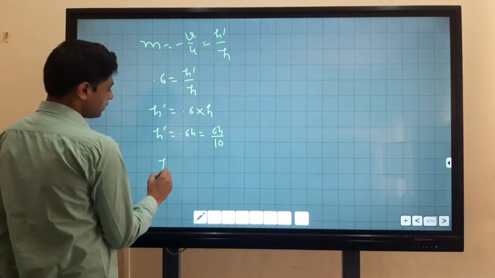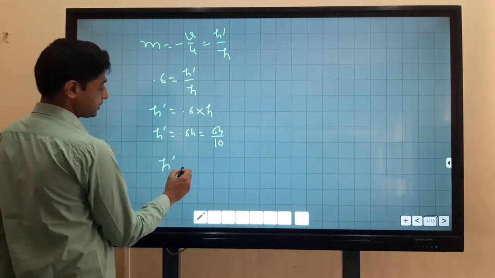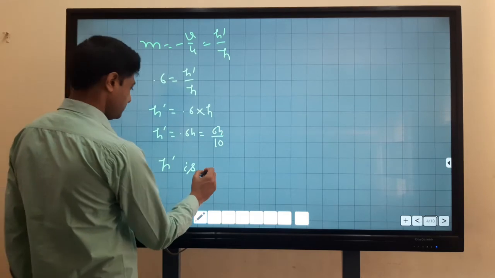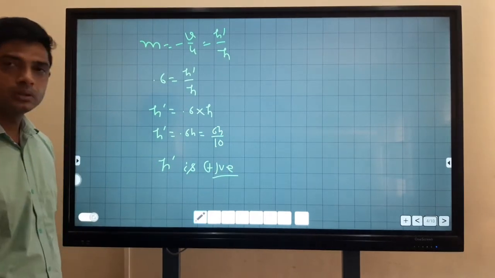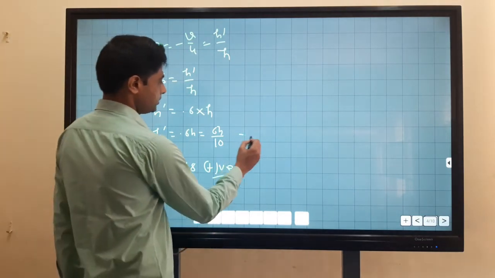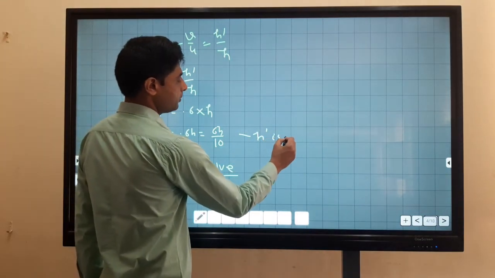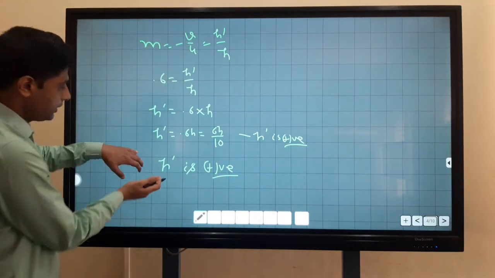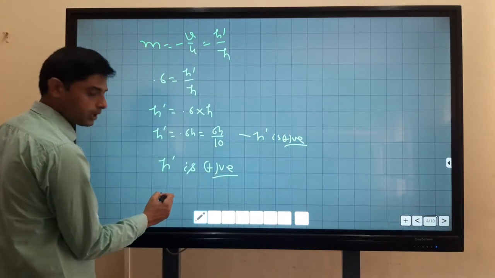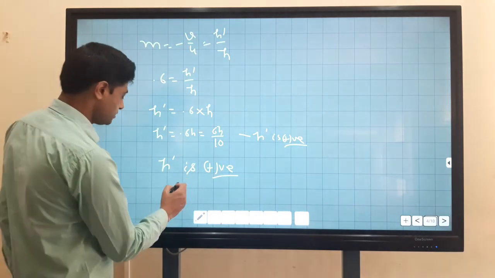It means the value of H dash is positive, because H is positive. The value of H dash is positive. It means the image is erect.